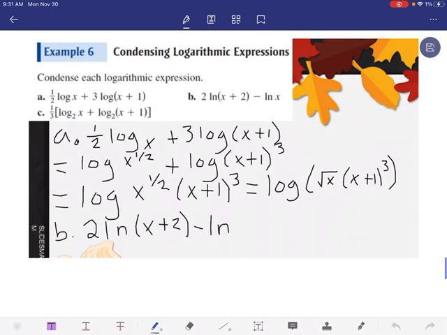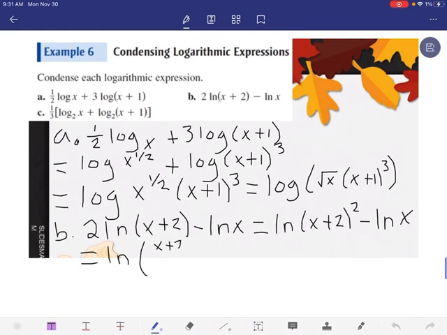So on our next example, notice again we have a number to the front, so that needs to become an exponent. And then we have subtraction, so that's this time going to need to become division. So I would have x plus 2 quantity squared divided by x.